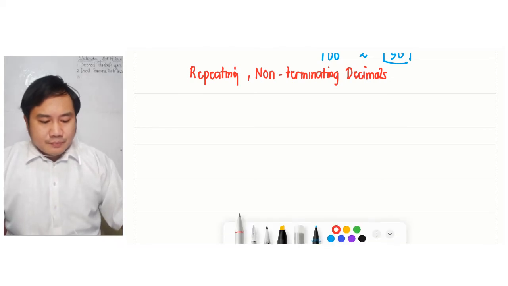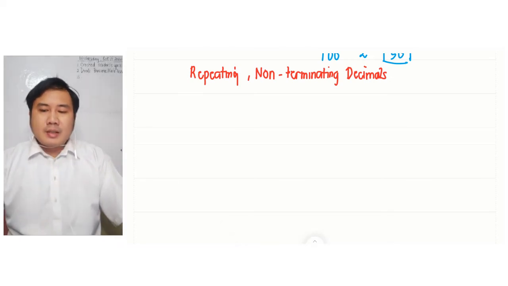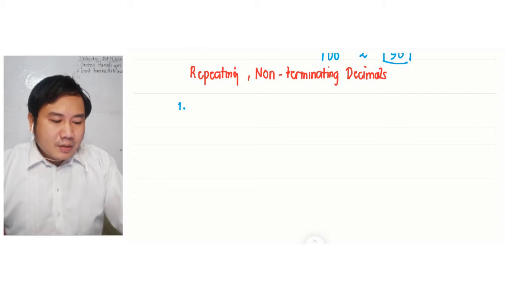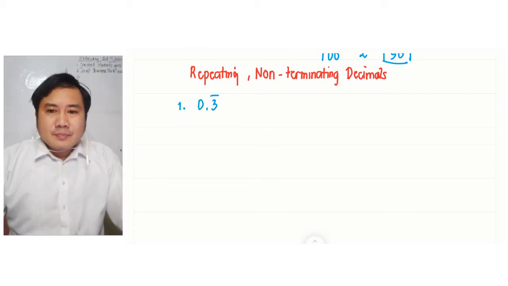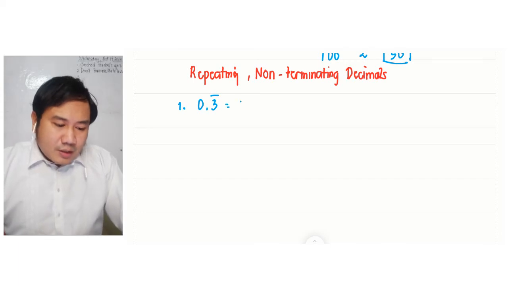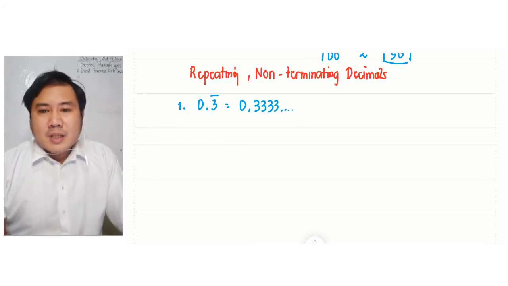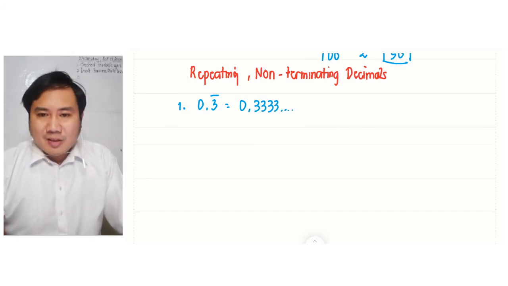There. The repeating non-terminating decimals. Let's have an example. The 0.3 repeating. Ayan. So, this is also written as 0.3333 and so on and so forth. Kapag ganito ang decimal natin, how are we going to change it into fraction?